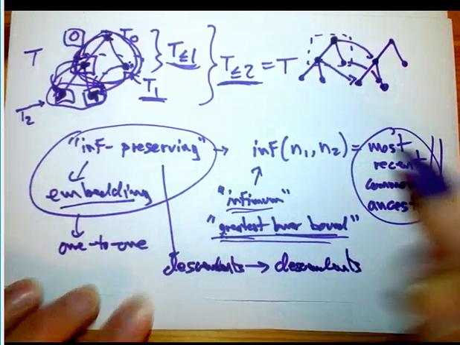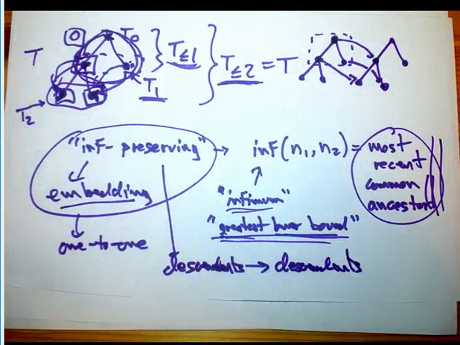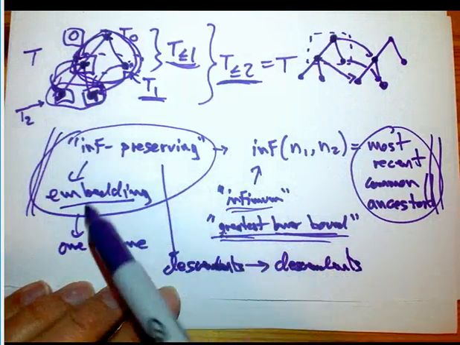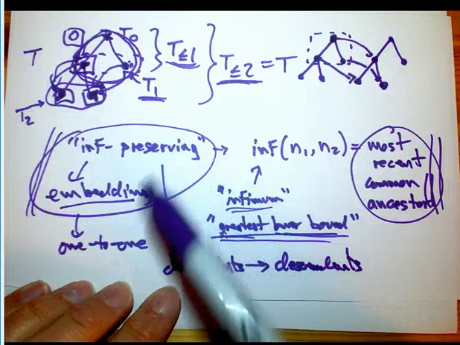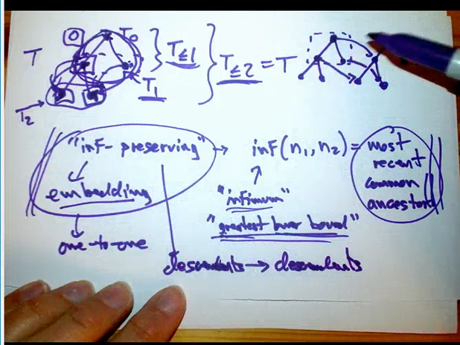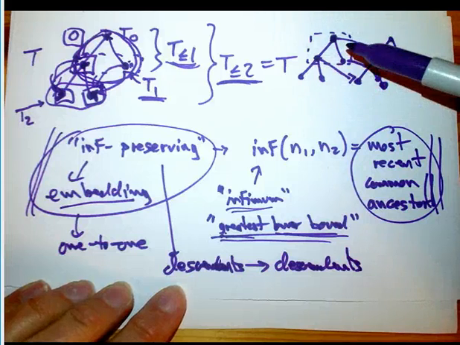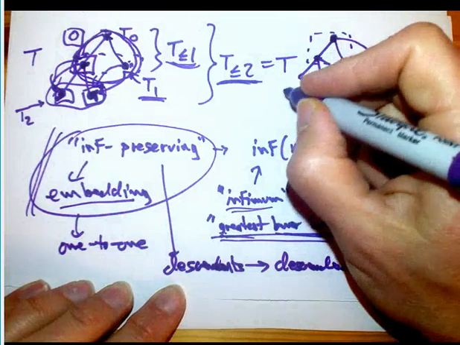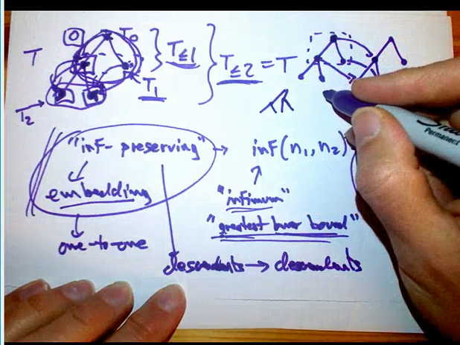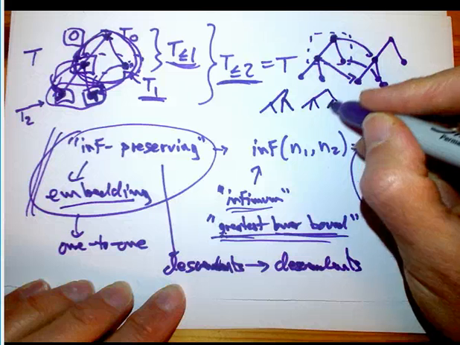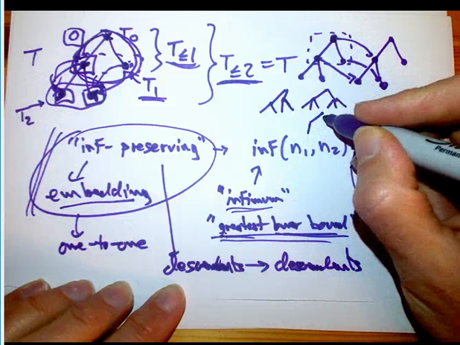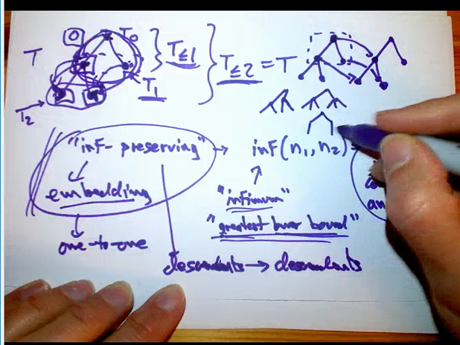And so whole chains and whole families have to be preserved. Okay, so basically in an inf-preserving embedding, when you do enough examples of it, you start to see that it's really just preserving a natural pattern in a tree. The trees have different looks to them: is it something like a complete binary tree that always splits in two, or is it a complete ternary tree that always splits in three, or is it something that splits in half and then goes single?